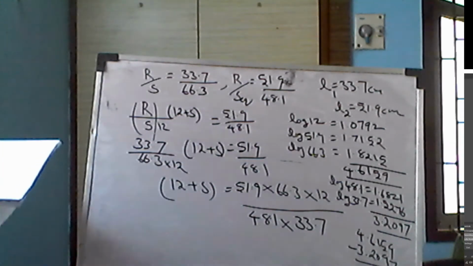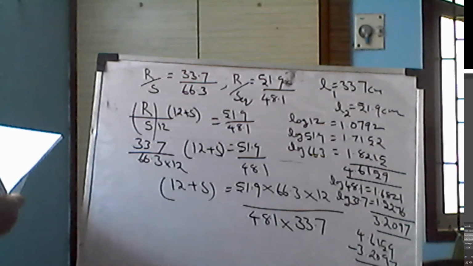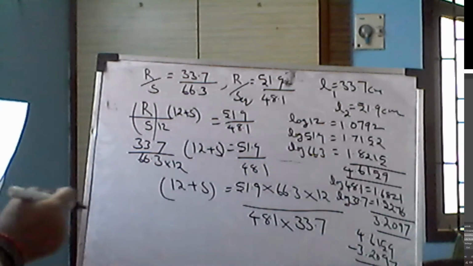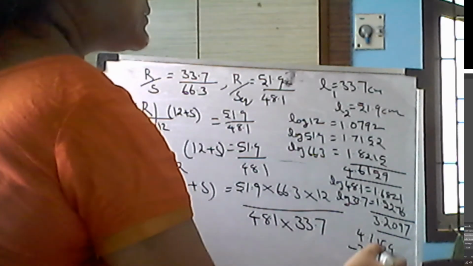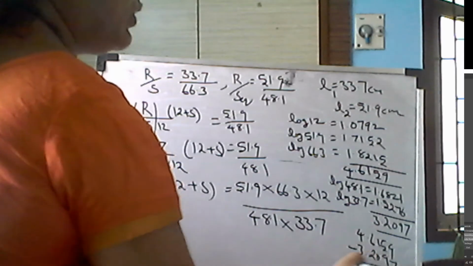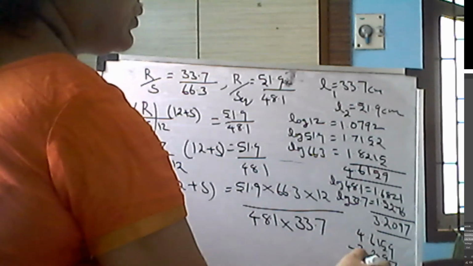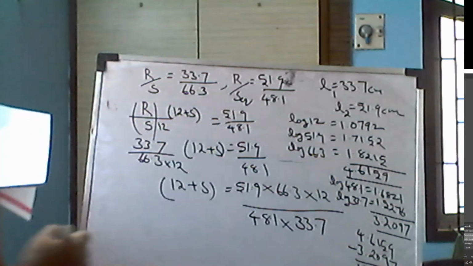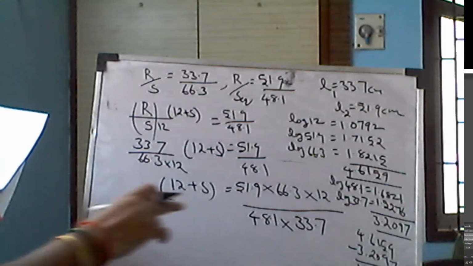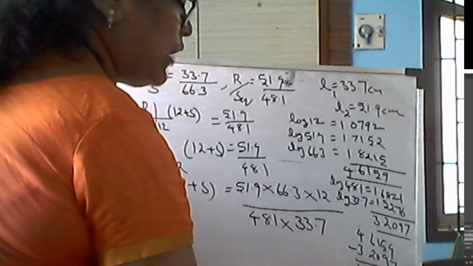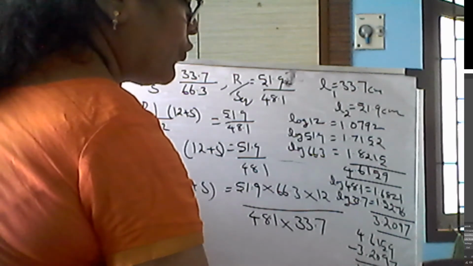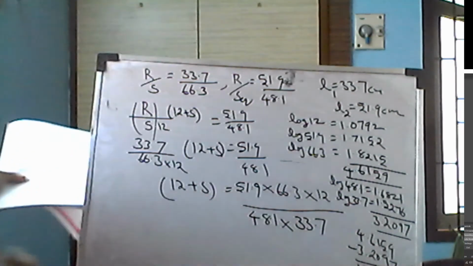That value you calculate and then find out the answer. That is 1.4062. So you are finding the antilog of this, 1.4062.